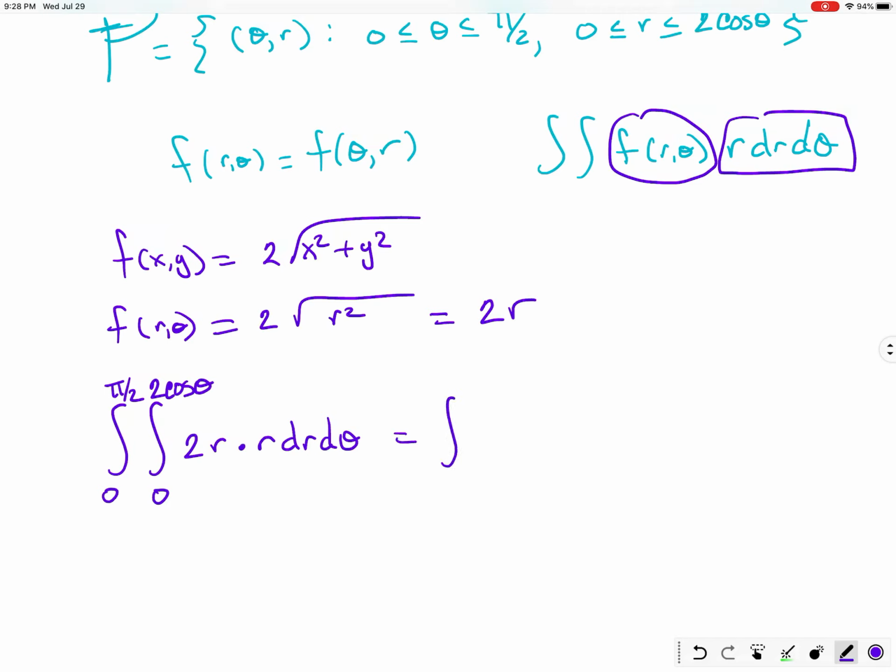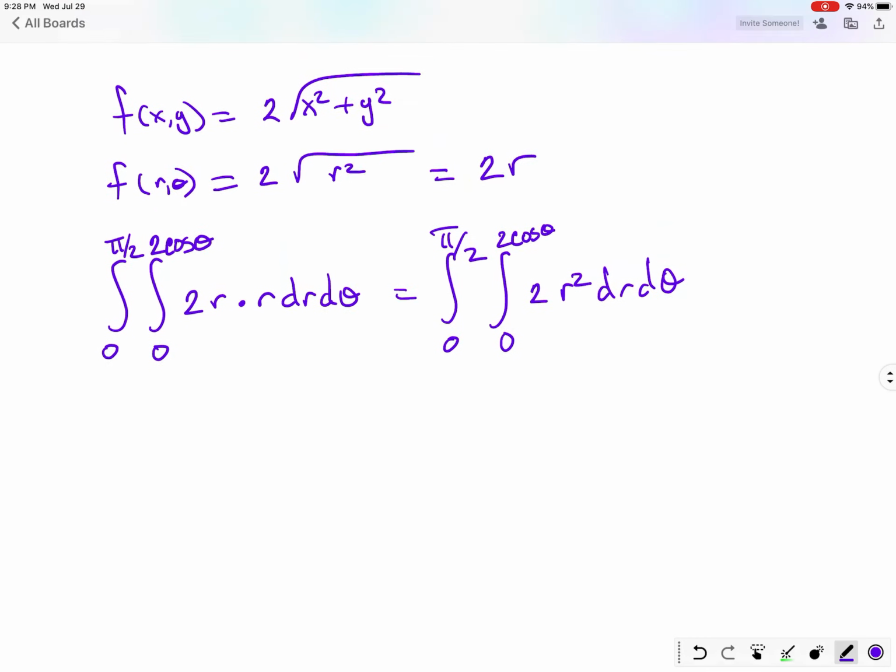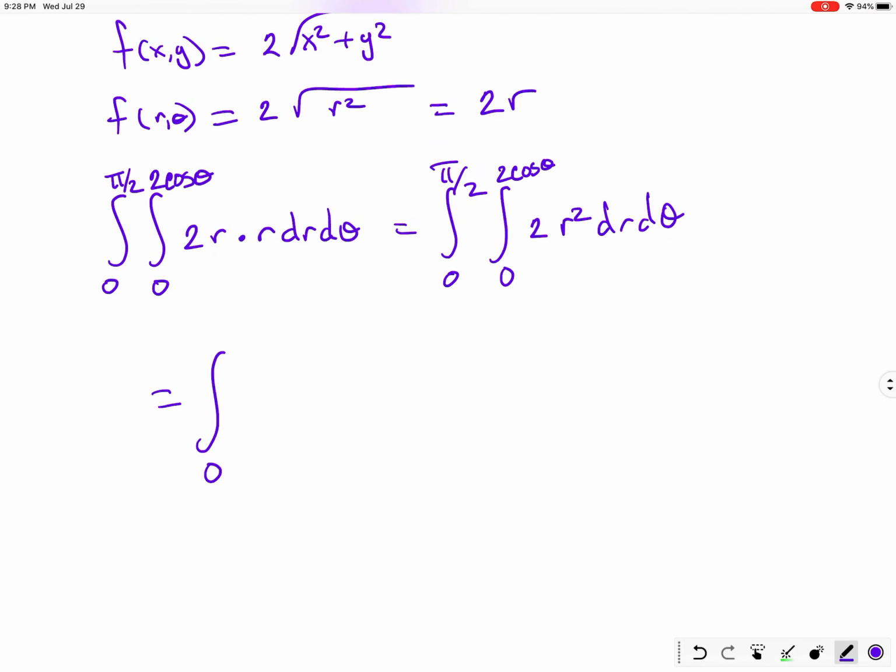So now it's just a matter of evaluating the integral. So this is the double integral, 0 to pi over 2, 0 to 2 cosine of theta, of 2 times r squared dr d theta. And r squared, we know the antiderivative of that, so it's 2 times r cubed divided by 3, evaluated from 0 to 2 times cosine of theta, and then d theta.